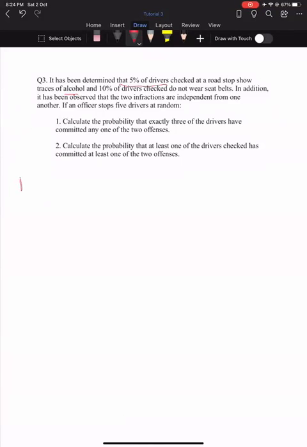So we have probability A for alcohol, 0.05. And 10% of the drivers checked do not wear seat belts, so 0.1. In addition, it has been observed that the two infractions are independent from one another.